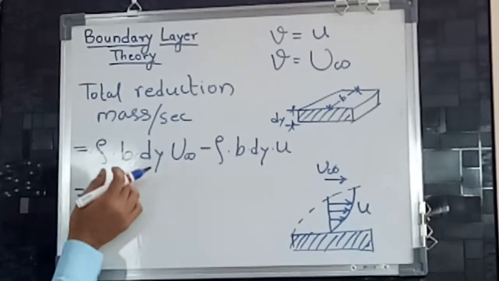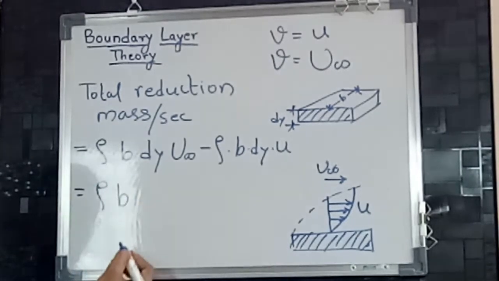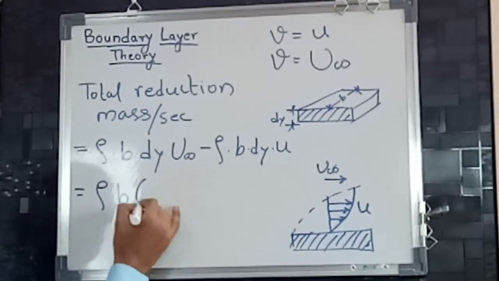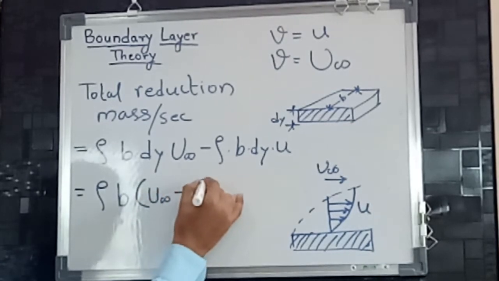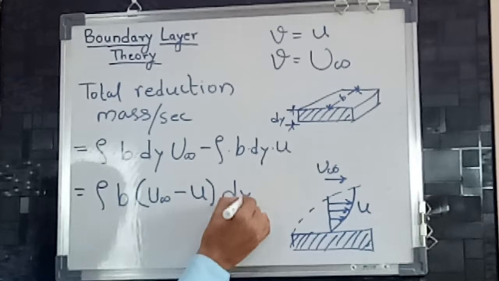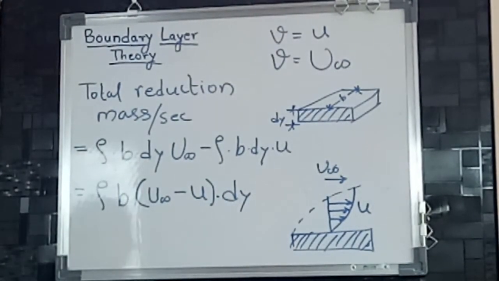So now see here, I will take this common, rho b, then I will write u infinity minus u, bracket complete, into dy. So this is your total mass reduction per second, isn't it?